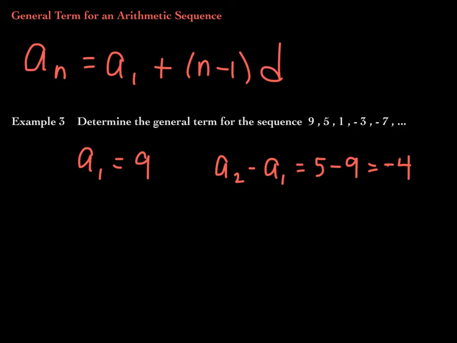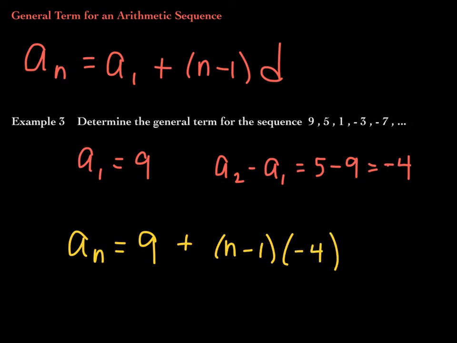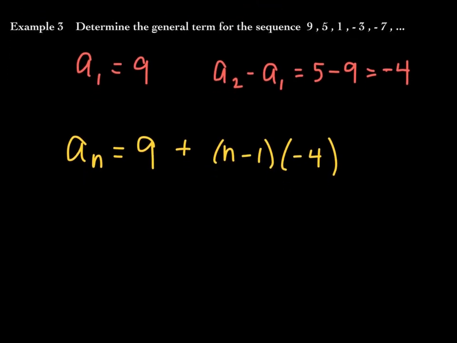So we have everything we need to write the general term for this sequence. A sub n is equal to 9, right? I'm following this pattern up here, everybody. So 9, which is the first term, plus n minus 1 times negative 4. Now, all we have to do is simplify.